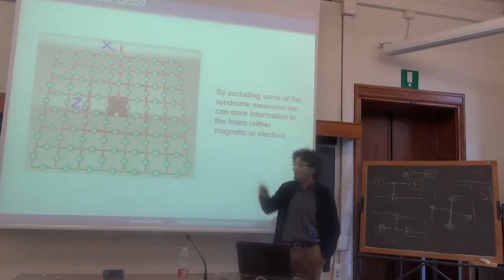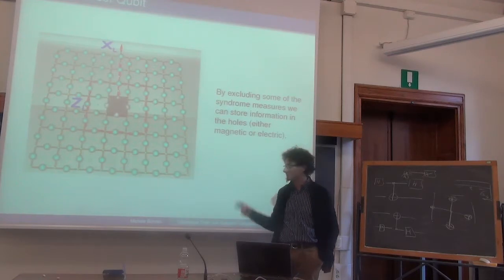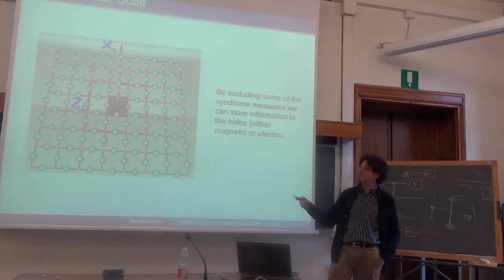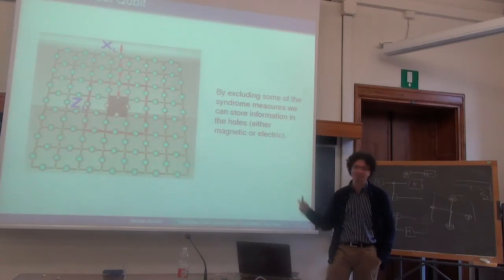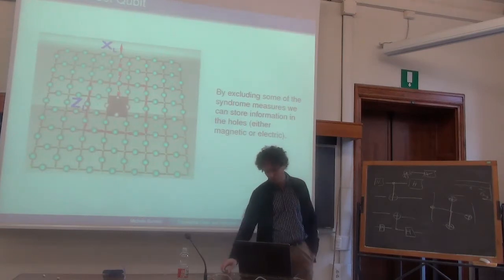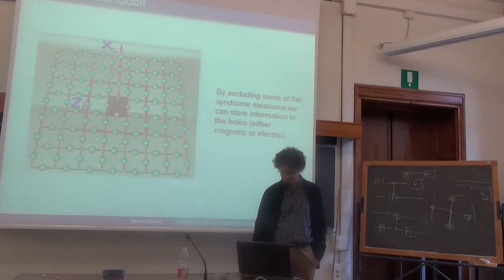But everything that we told before about the statistics and the existence of these string symmetries can be mapped now in an array of Z or X operators or measurements. And in particular, if at a certain point I want to measure the logical state, one of the possible recipes is just to measure this stabilizer, so to switch on it at last to detect whether the logical state is one or another.